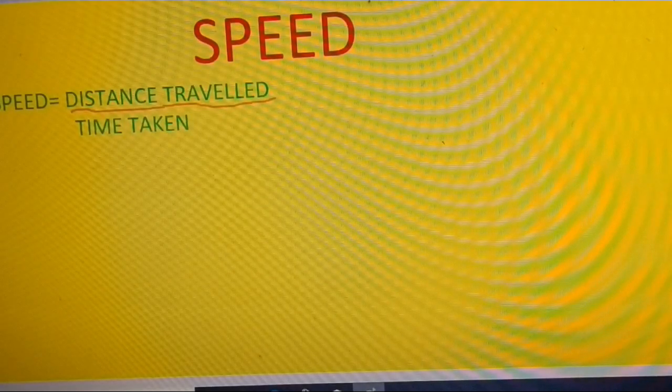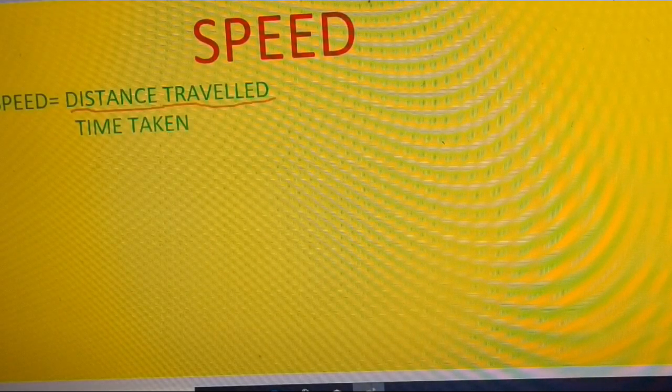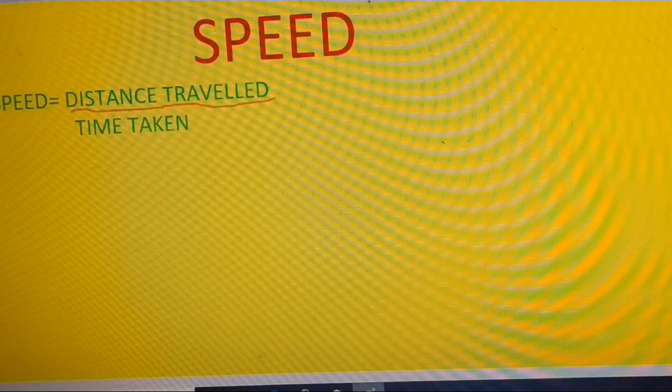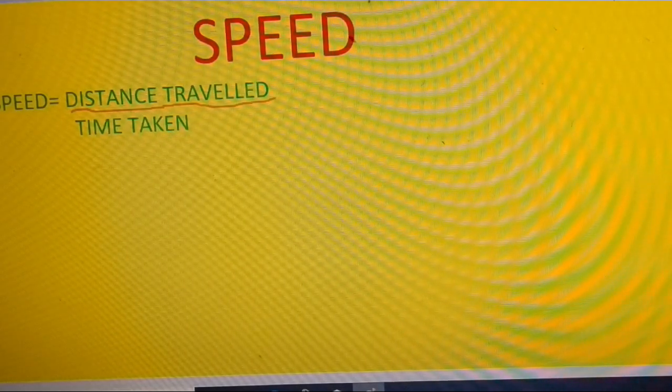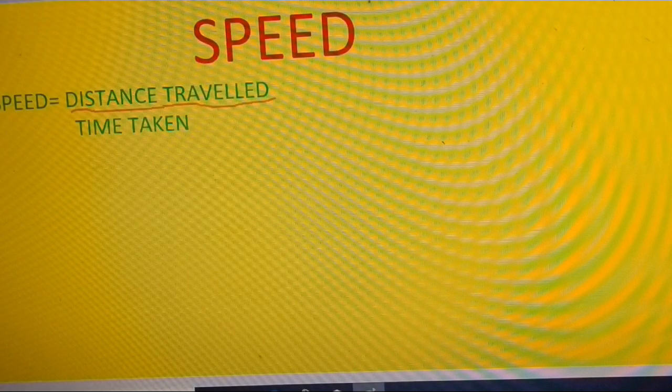Distance traveled means how much distance the body or object covers. Time taken means how much time is taken to cover that certain distance.